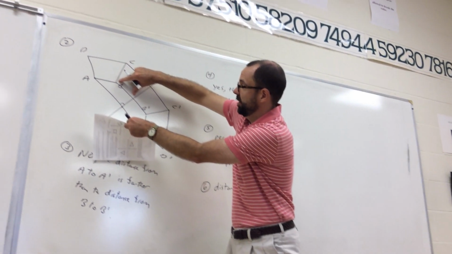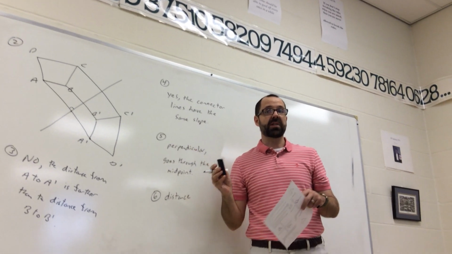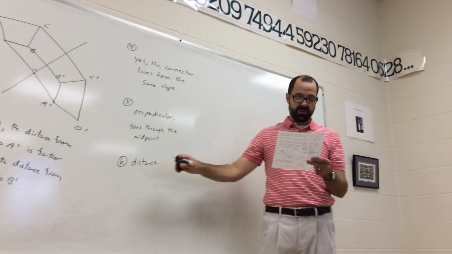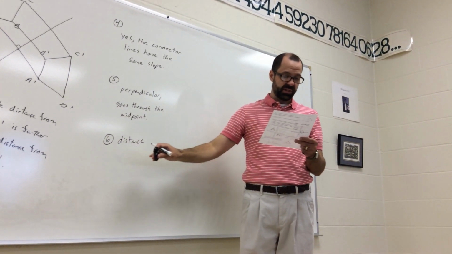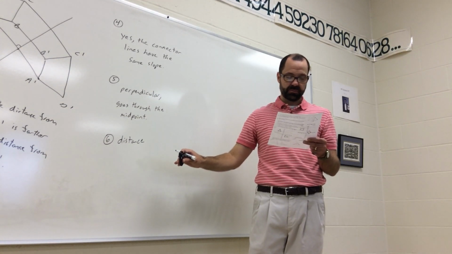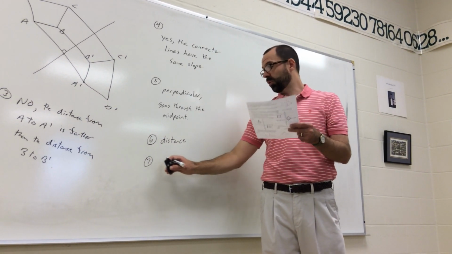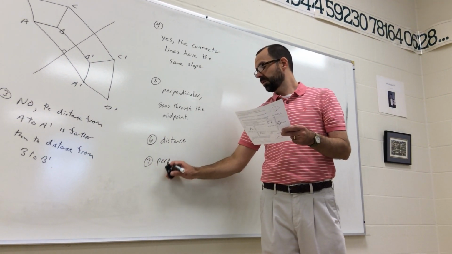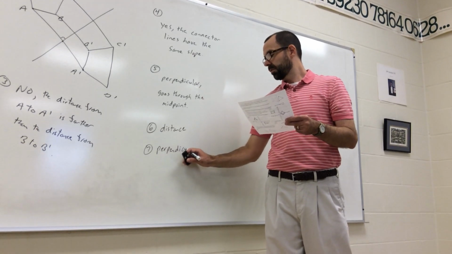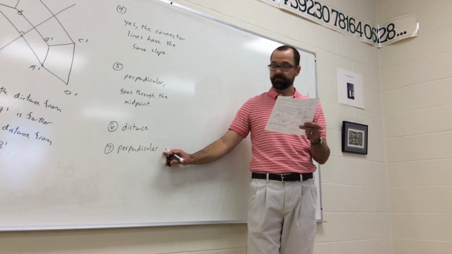This distance is equal to that distance if it's perfectly reflected across. Okay, so that's what number 6 says, each pre-image and image point are the same distance from the line of reflection. And then the line of reflection is perpendicular to each of the line segments.